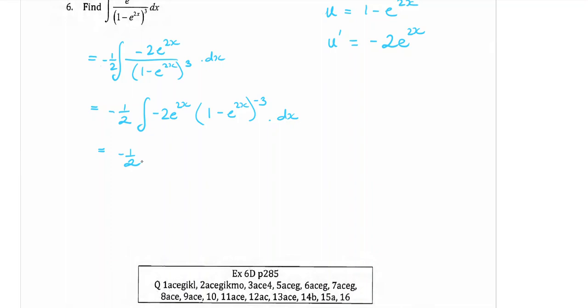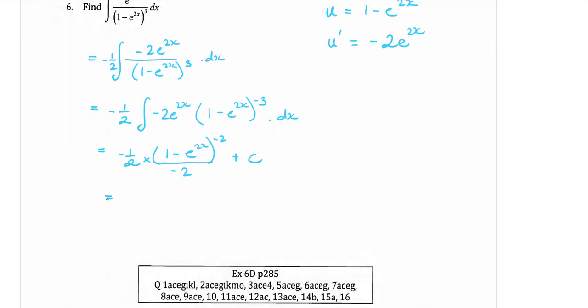This bracket, I'm going to add 1 to the power and divide by the power. So it becomes 1 minus e to the 2x to the power of negative 2 over negative 2. That's times with that minus half that's out the front there. And we plus the c. Just want to times these fractions together and put it back to be a positive power on this bracket.